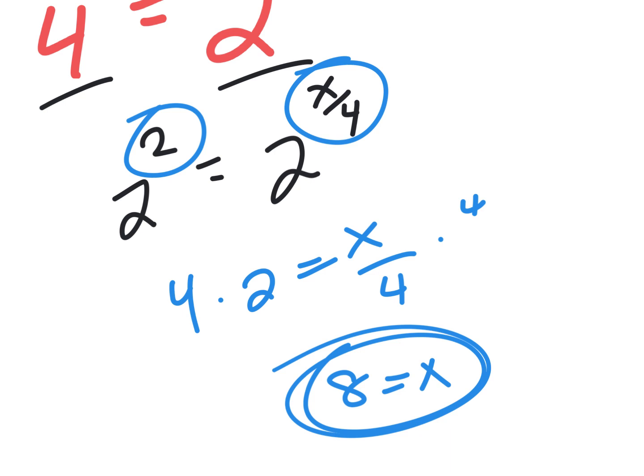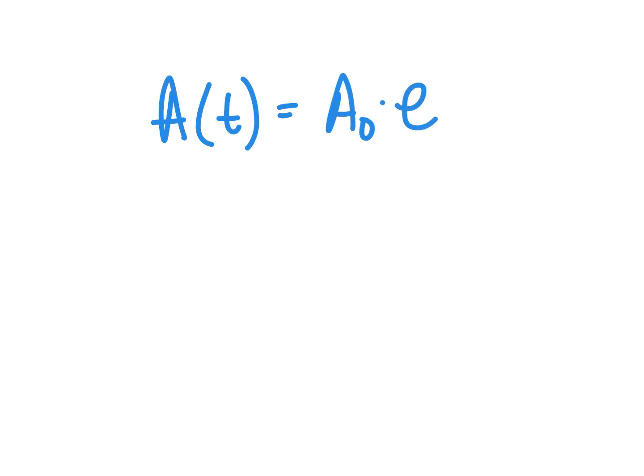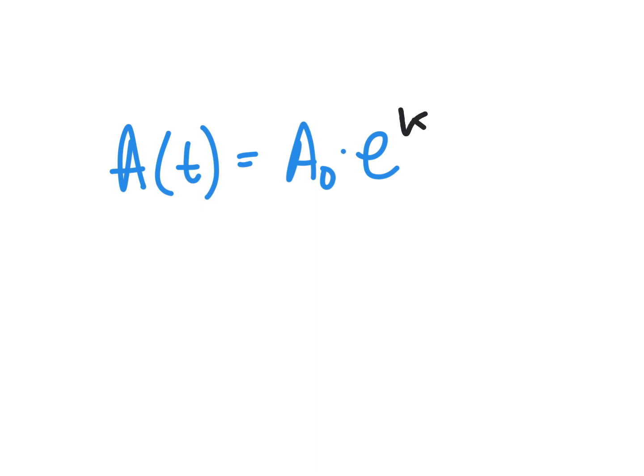Okay, now let's do another one like that, except this time, would you please write down this original? A of t is equal to a sub 0 times e to the, by now you should know, kt. Good. We're going to take elements of that original problem. We're just going to say that there was 2 inches to start with.